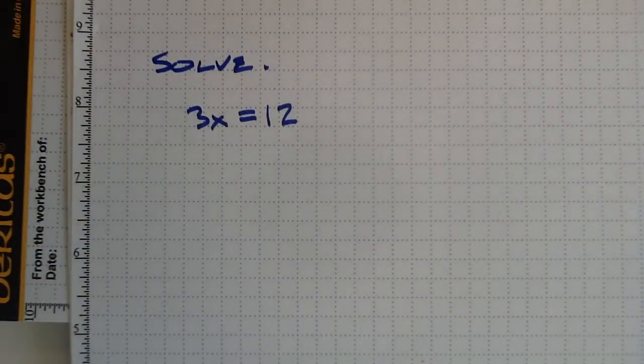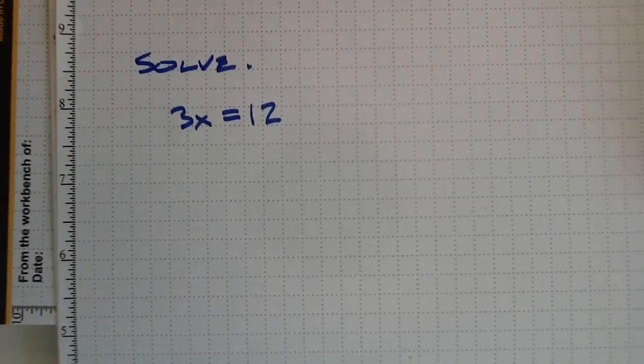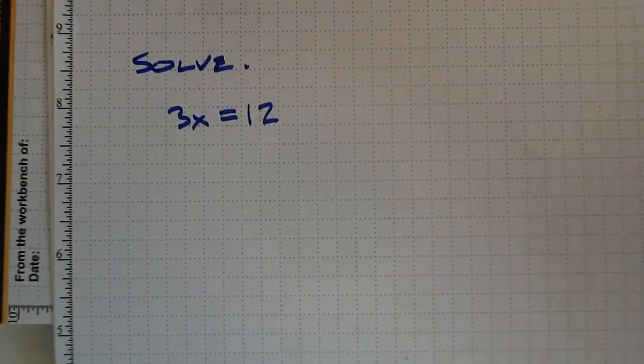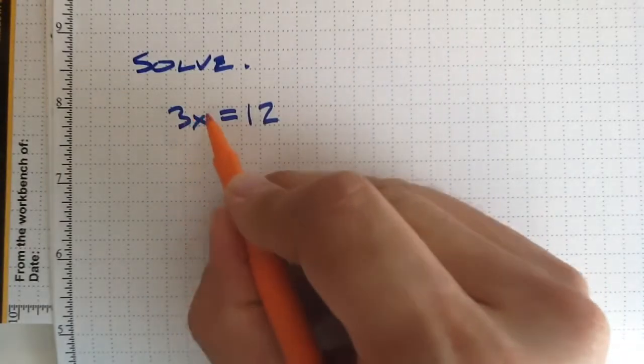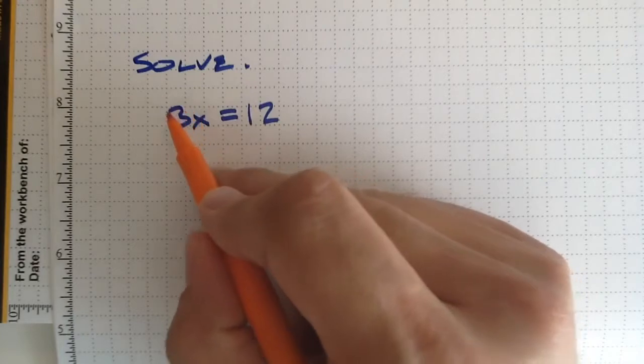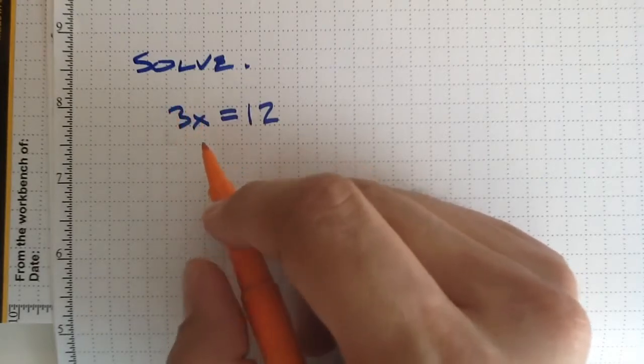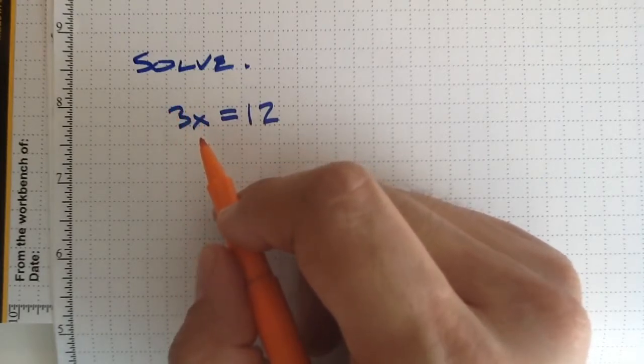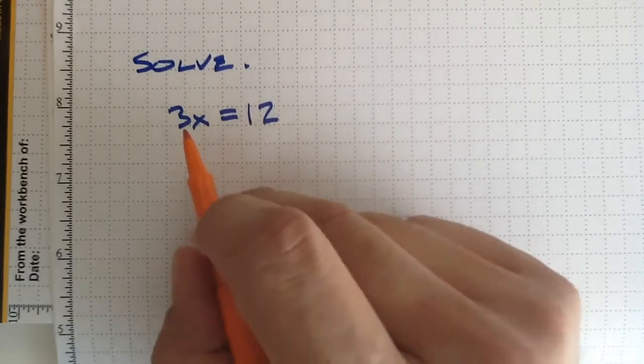So as you saw in the last couple of slides, when we're trying to solve equations dealing with multiplication or division, the work is slightly different. Now, the goal is still the same. We're still trying to get x by itself to figure out what x is equal to. But the way in which we get rid of, like in this case, multiplying by 3 is a little bit different. In the last lesson, addition and subtraction, we were trying to get this to 0.